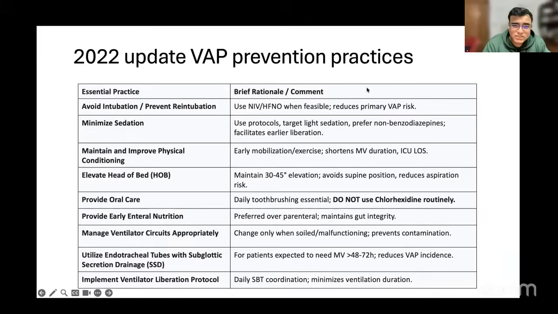Provide early enteral nutrition, manage ventilator circuits appropriately, utilize endotracheal tube with subglottic secretion drainage, and implement ventilator liberation protocol. So I don't know what was the option there, but head of bed, oral care, early enteral nutrition, mobilization, one of those would have been the options. Head of bed elevation, somebody is saying, so that would have been your correct answer.